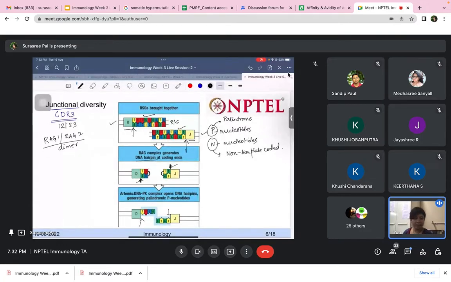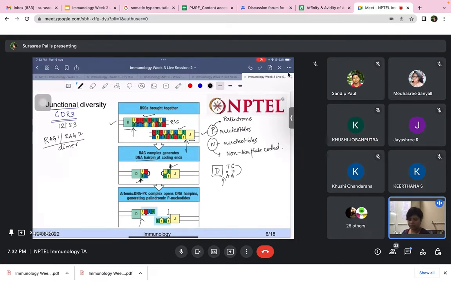When the DNA hairpins are opened, suppose TC and AG were bonded, right? They were forming this DNA hairpin, right?